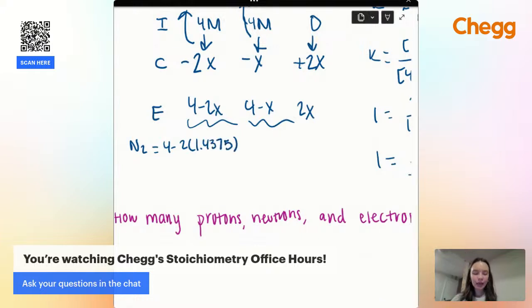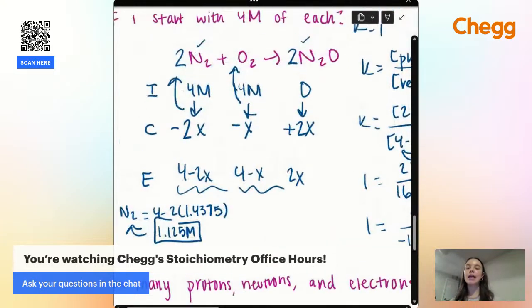We're going to put that in the calculator. You've got about 20 seconds. Try to beat me to solving it. About 10 more seconds. What is that answer? 5, 4, 3, 2, 1. You should have got 1.125 molarity. So that's your equilibrium concentration of N2.